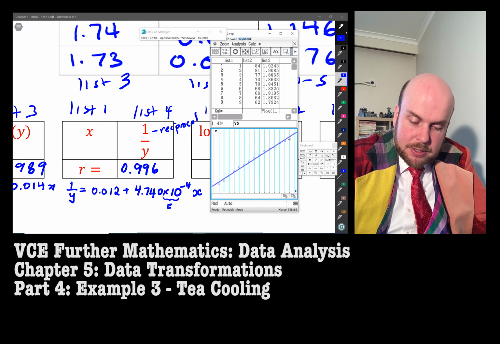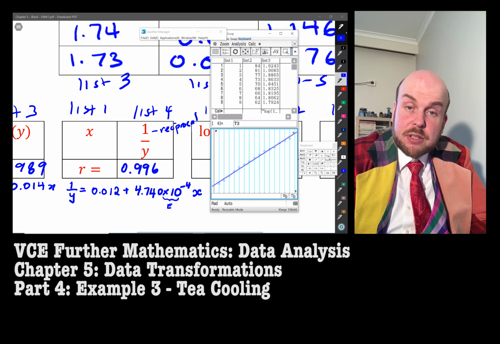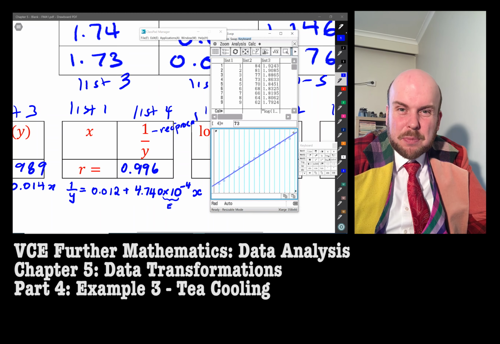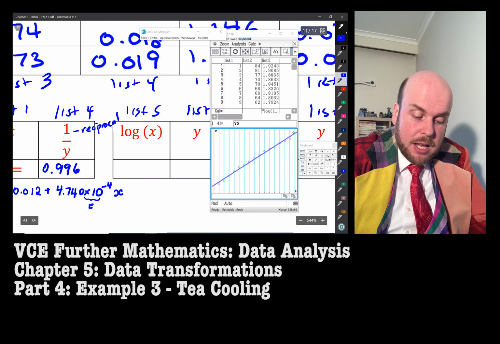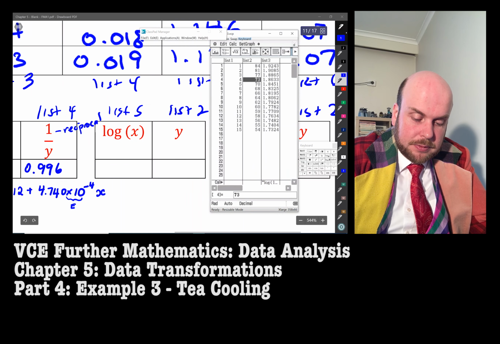And we can see what that looks like. Oh, the dots are very close to the line. It's still a little bit of a curve, but the dots are getting closer to the line, so that's why it's very, very good.